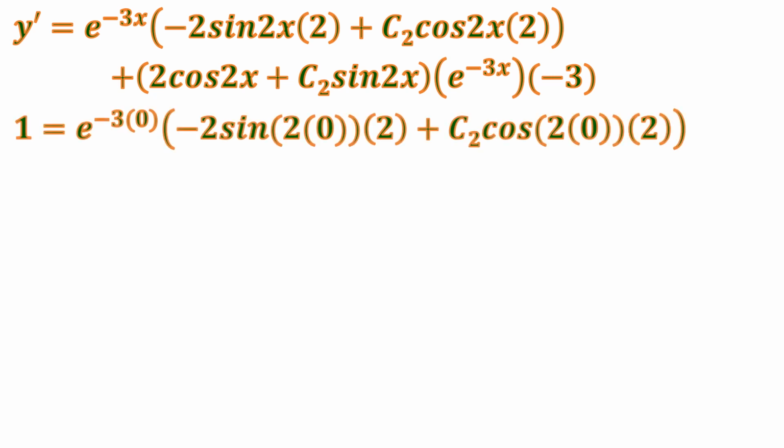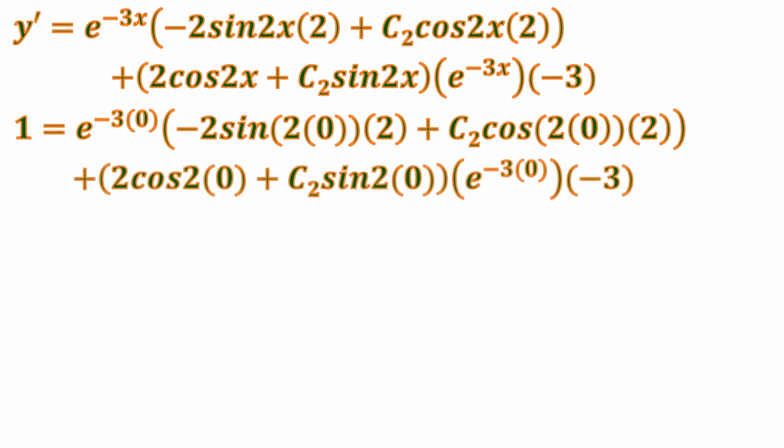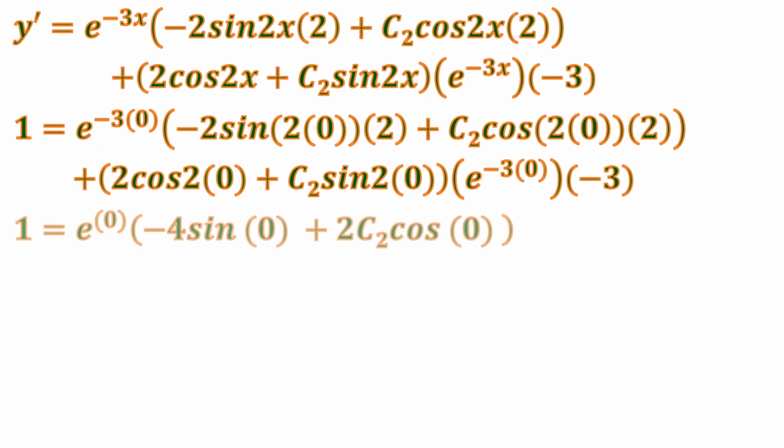So substitute based on the given. If x is 0, then the first derivative of y is 1. Substituting it all, then we will simplify the equation. So e raised to the negative 3 times 0 is just e raised to the 0. And for the angles, 2 times 0 is 0, so all the angles will become 0.